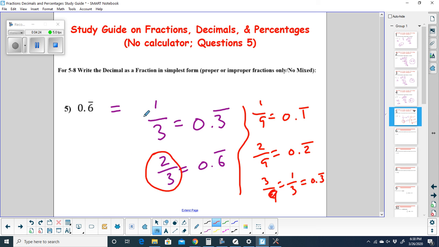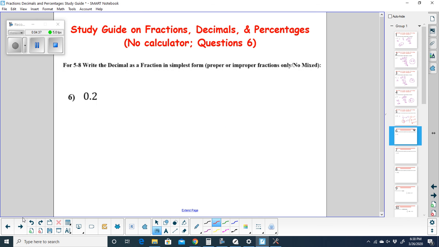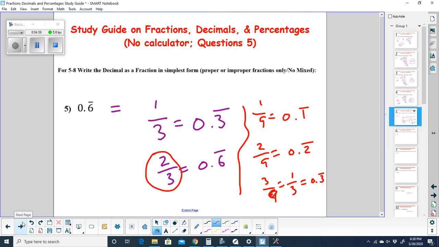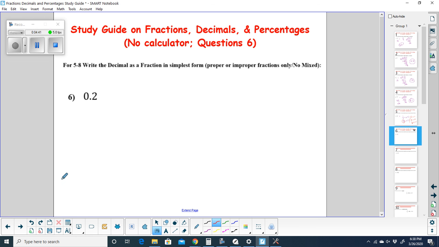But you're definitely expected to know that 1/3 as a decimal is 0.3 repeated and 2/3 is 0.6 repeated. That's a little thing we expect you to know. They're called benchmark fractions.